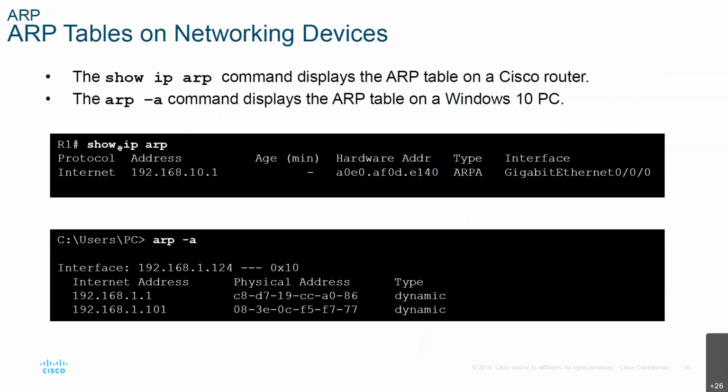Like in your router, it will tell you that this is my internet outgoing address, this is my IP address for my GigabitEthernet 0/0/0, and its relevant MAC address. You have to be very careful with this information in your network, my dear students.